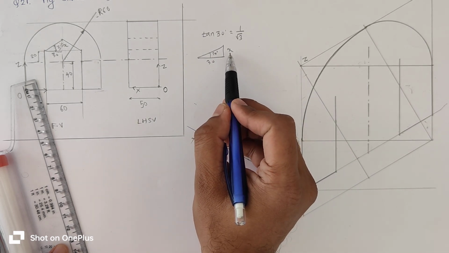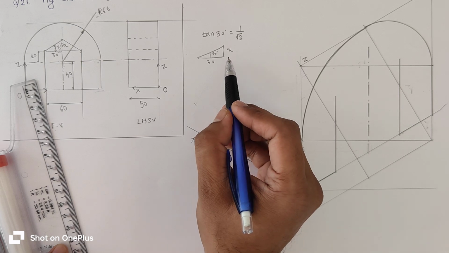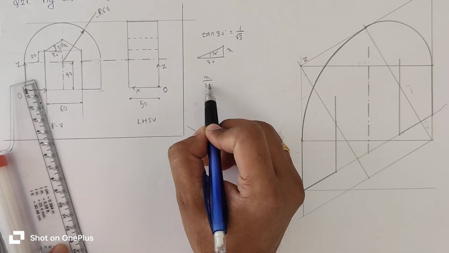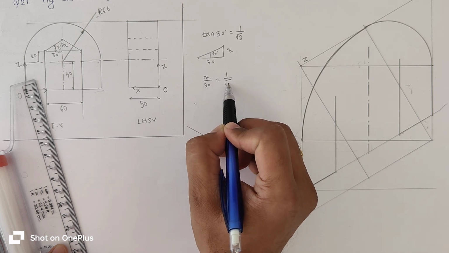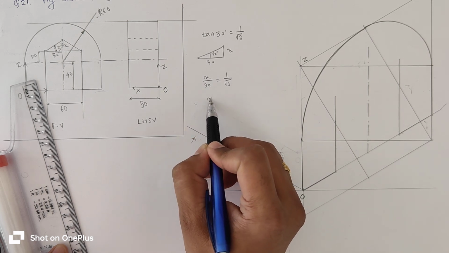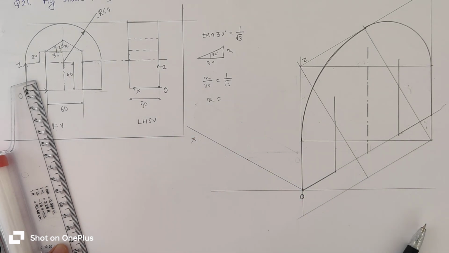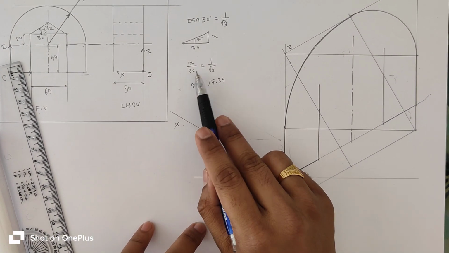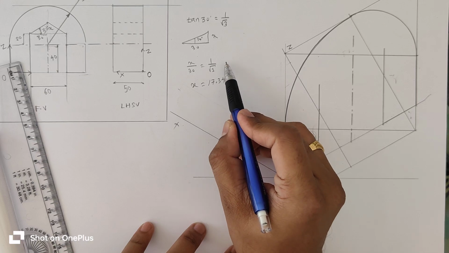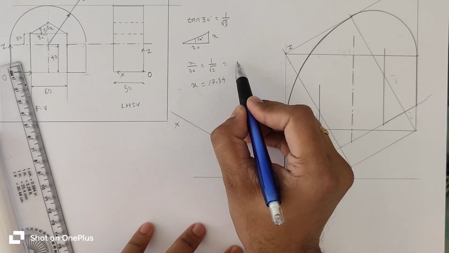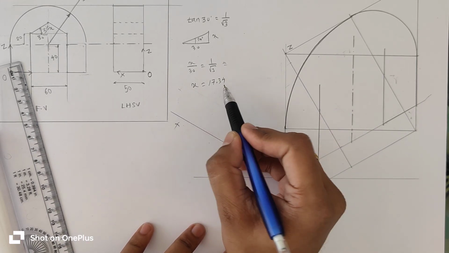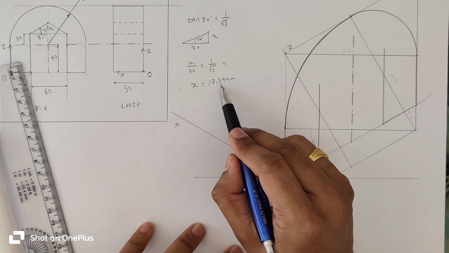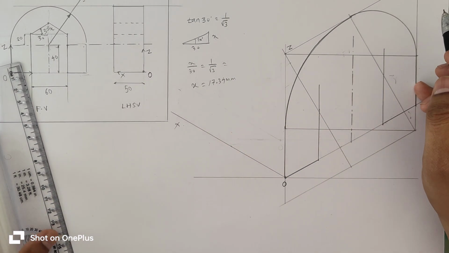Now we require the value of x. So tan of 30 is x upon 30. X upon 30 is equal to 1 upon root 3. After solving this, we will get answer. So 30 upon root 3 means x is equal to 17.34 mm. So we will take approximately 17 mm.